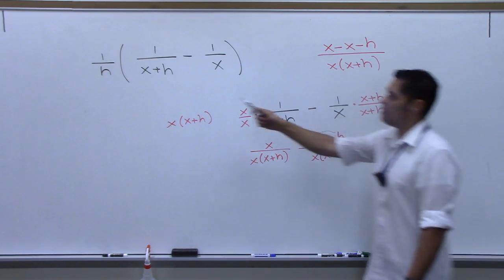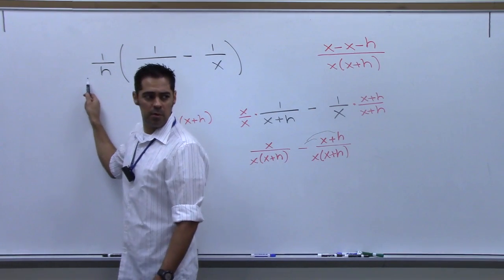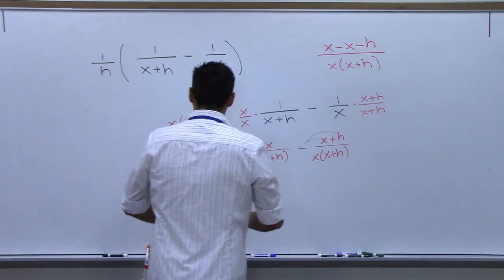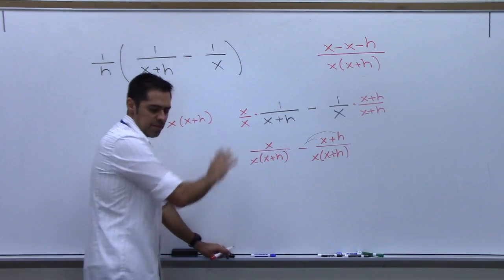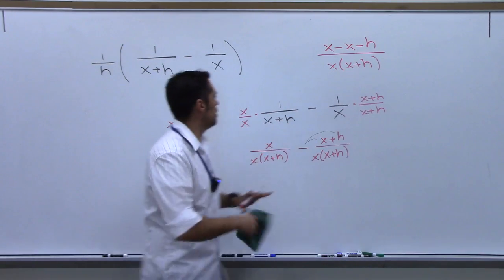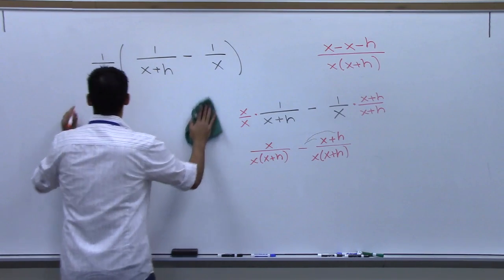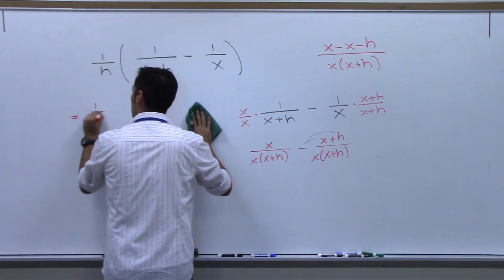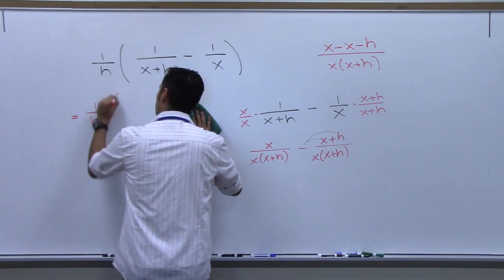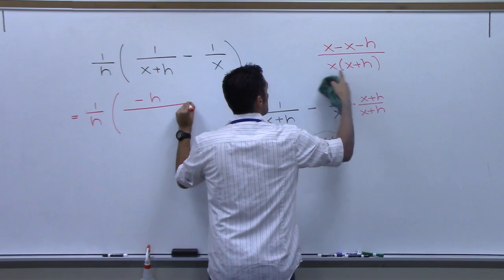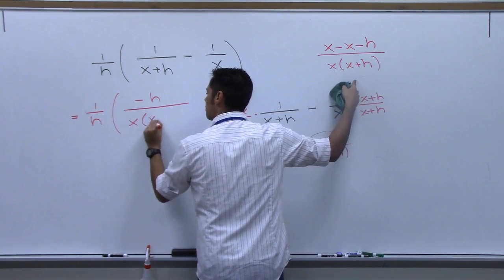Now I still haven't done this part. I still have the 1 over h out here. So I come back over to this. I was just doing that on the side so it wouldn't look too cluttered. So this right here becomes 1 over h times negative h over x times x plus h.